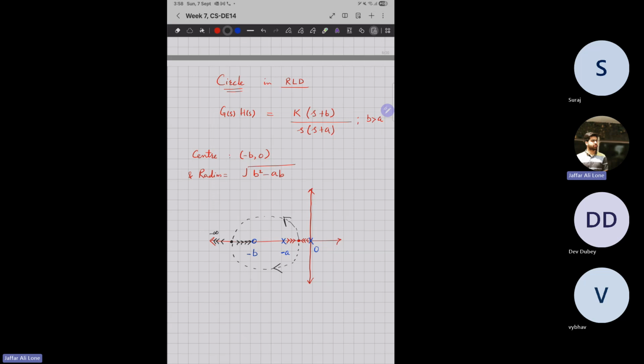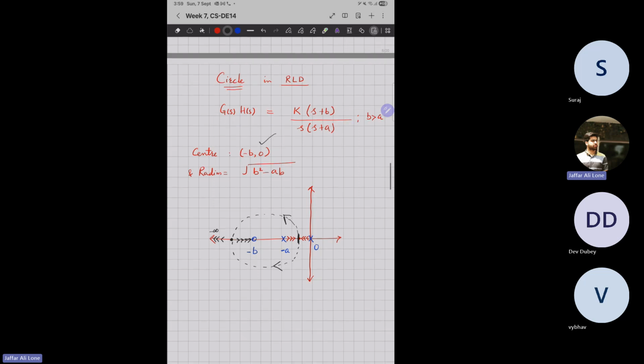From here you can see that the center is (-b, 0) and the radius is the square root of b squared minus ab. But this is not necessary to remember. Why? Because in this root locus, this point is the breakaway point and this point is the break-in point. If you know the break-in and breakaway points, you can easily find the center.